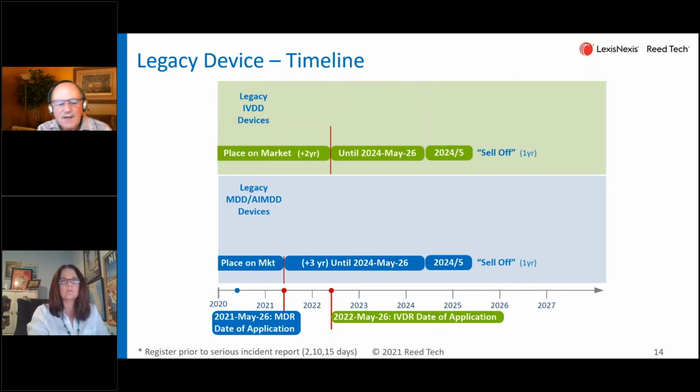So it has a similar type of presentation here with its own sell-off, and they coincide, by the way. So the deadlines coincide, and the sell-off time period coincides. The starting period, 1 year. So that's the quick summary there for those particular topics.